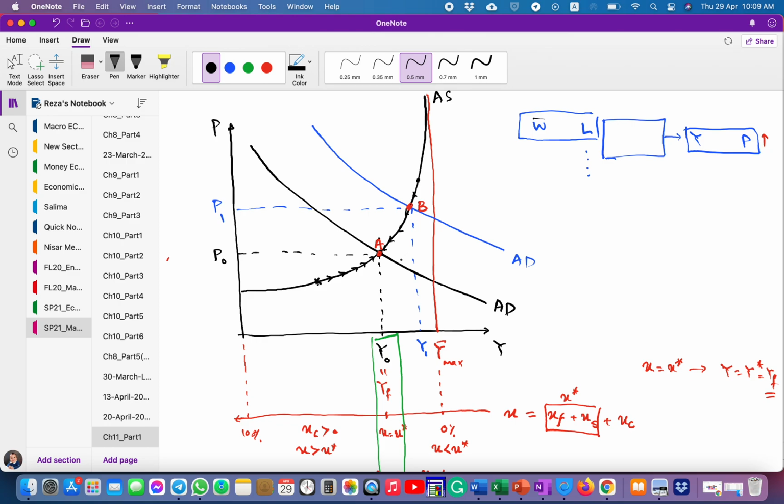If the wages remain the same, the firms start moving upward to here, and the money market and goods market are going to be in equilibrium. So that's how the firms are going to be responding to the aggregate demand shift upward. Then Y is going to be increasing and P is going to be increasing.